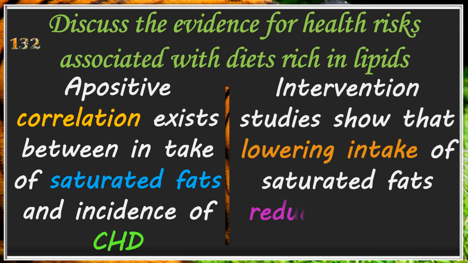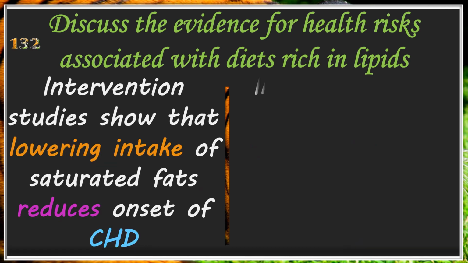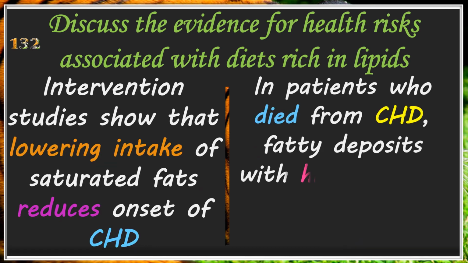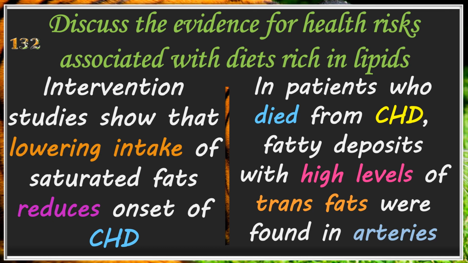Intervention studies show that lowering intake of saturated fats reduces onsets of CHD. In patients who died from CHD, fatty deposits with a high level of trans fats were found in arteries.